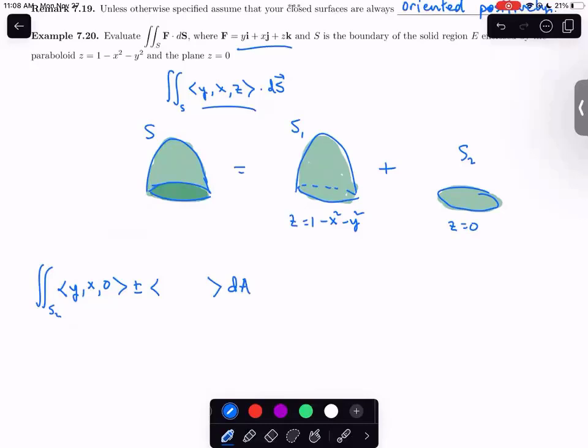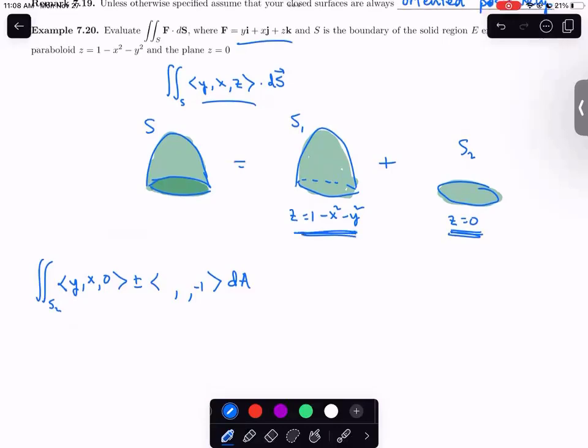In this case, I need a partial derivative with respect to x, a partial derivative with respect to y, and then -1. My surface equation for S2 is just 0, right? It could have any number of x's and y's on the other side, and in fact, the other one does have x's and y's on the other side. But for this one, it's just the nice 0. And so when I take a partial derivative with respect to x, or with respect to y, I get 0.